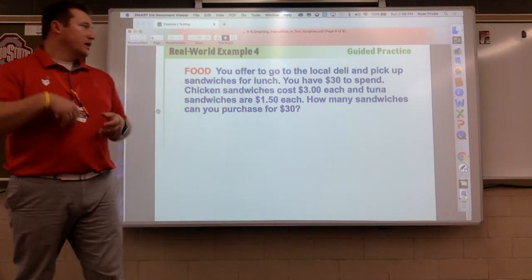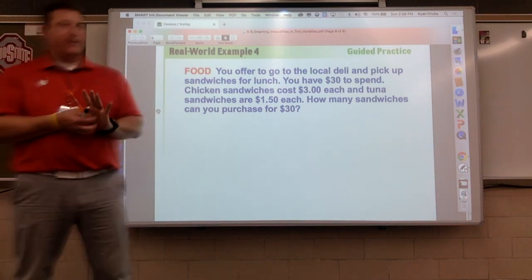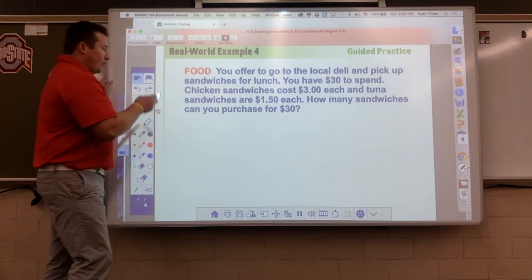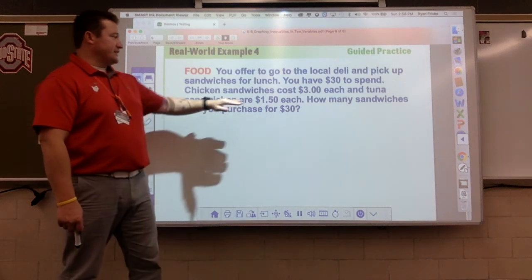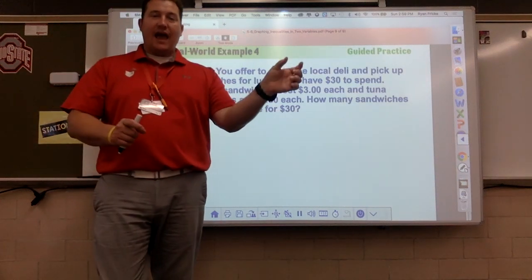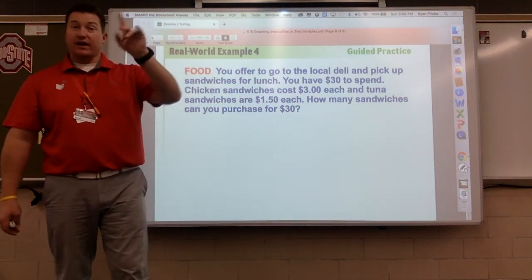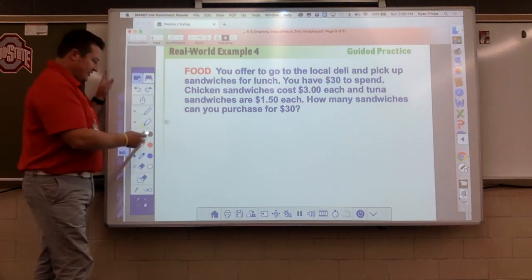No, so we can only buy whole amounts of sandwiches. So once again, X is chicken sandwiches, Y is tuna sandwiches. Again, 3X plus 1.5Y equals however much money I have, $30. Well, sorry, not equals, less than or equal to.